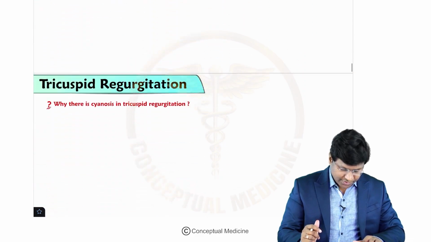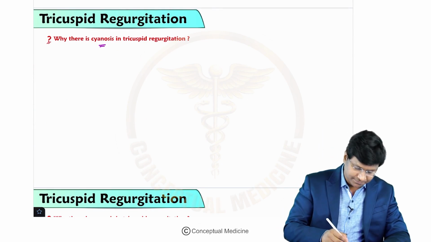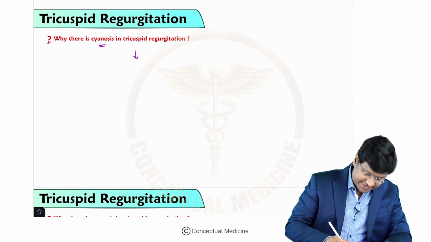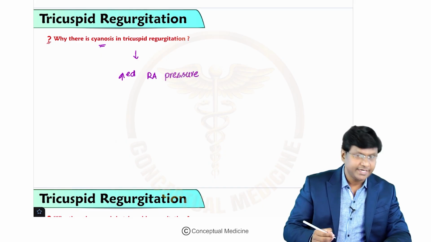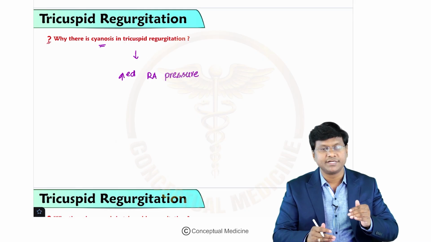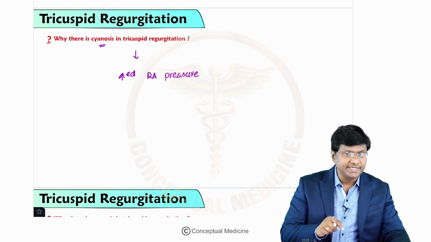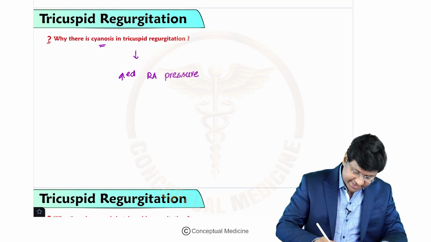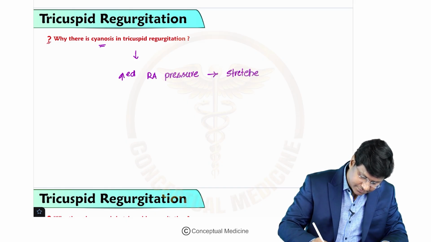Next, you need to know why there is cyanosis in tricuspid regurgitation. There is increased right atrial pressure because of the regurgitation of blood from the right ventricle to the right atrium during systole. This increased right atrial pressure stretches the interatrial septum.